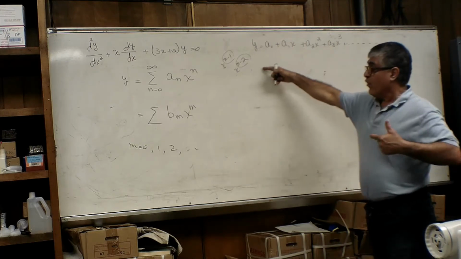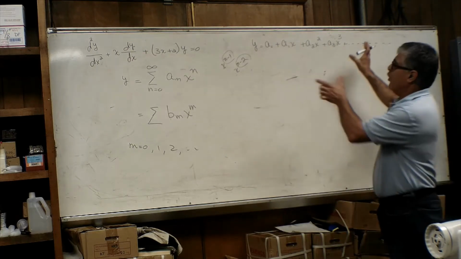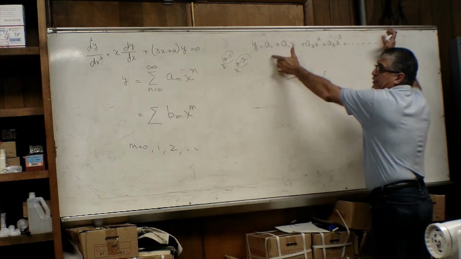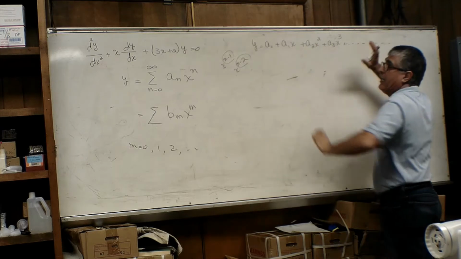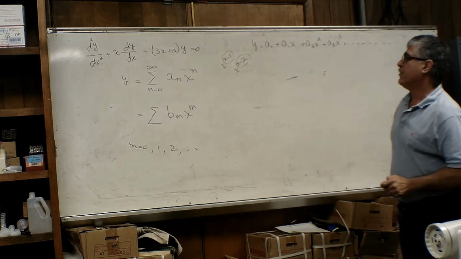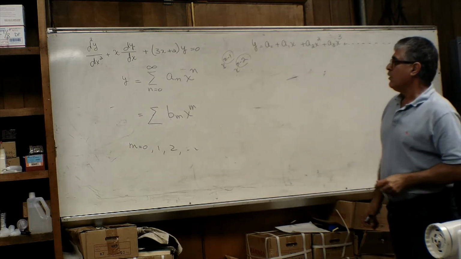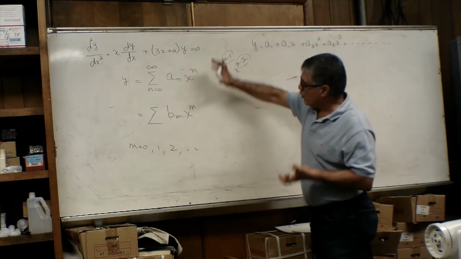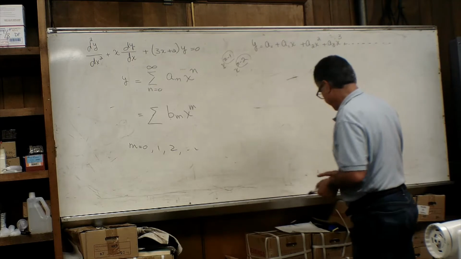Once we find those coefficients, we can plug them in the general solution and find the solution for that differential equation. So let's go ahead and solve this differential equation using the series method.